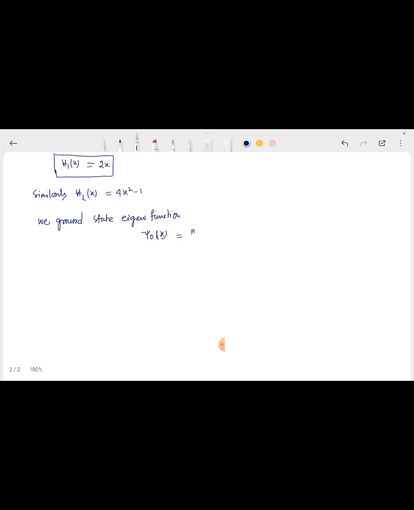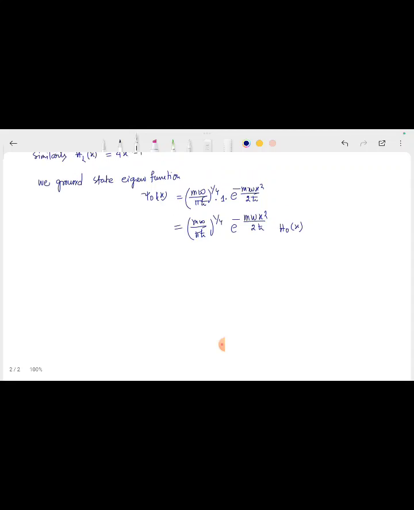Psi_0(x) equals (m omega / pi h-bar)^(1/4) e^(-m omega x^2 / 2h-bar), and that is equal to 1, and you know 1 is equal to H_0(x), so it is (m omega / pi h-bar)^(1/4) e^(-m omega x^2 / 2h-bar) H_0(x).